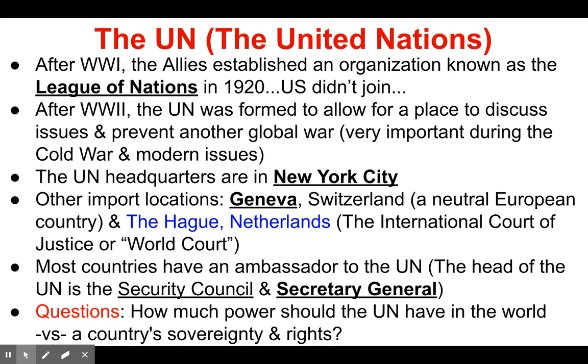And so these are some questions that are being asked. Some people don't like the UN because they don't want to give up their own country's sovereignty. A lot of Americans are like, hey, I don't want to give up power to a foreign entity, right? Or this ambiguous world government. But there are a lot of people who think that the UN is great and helped us prevent World War III.